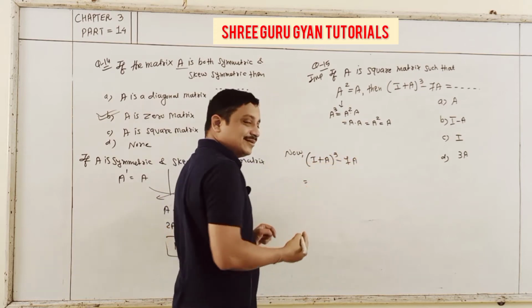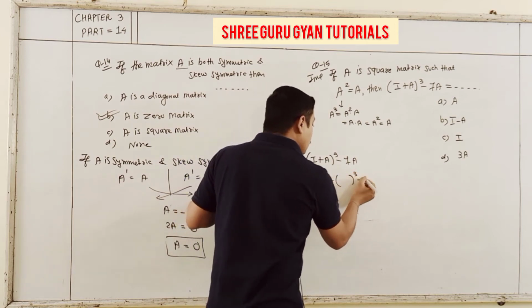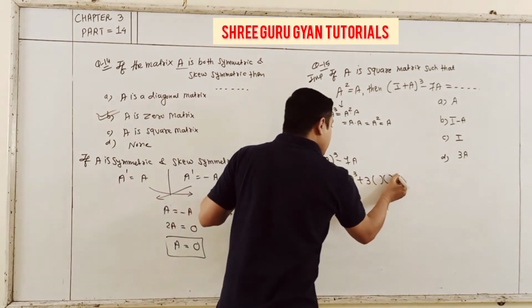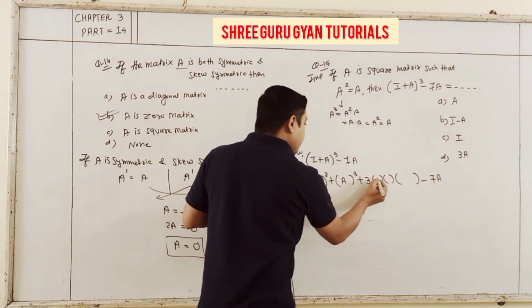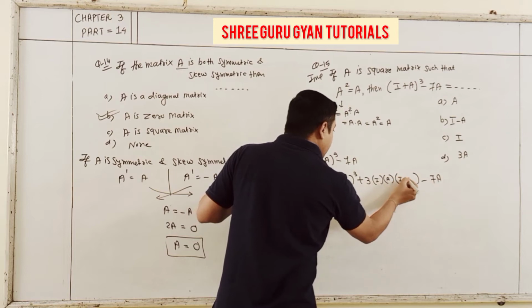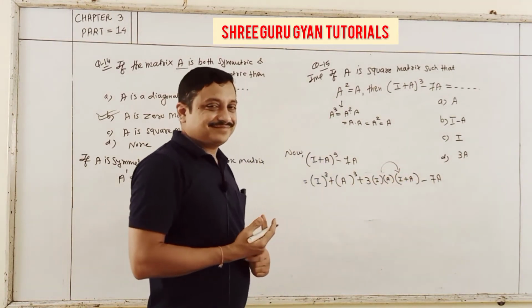Here apply the whole raised to cube: A cube plus B cube plus 3AB(A plus B), that is I and I plus A. These are multiplied inside. Very easy.